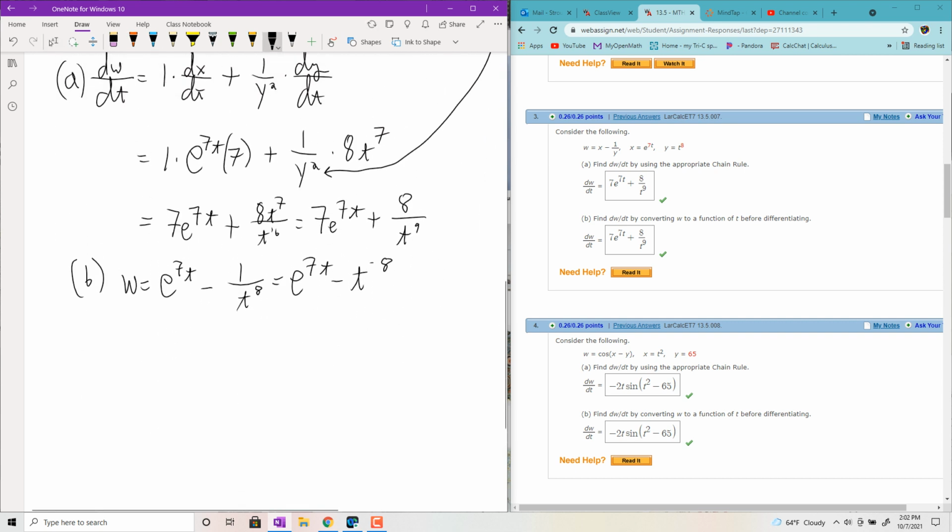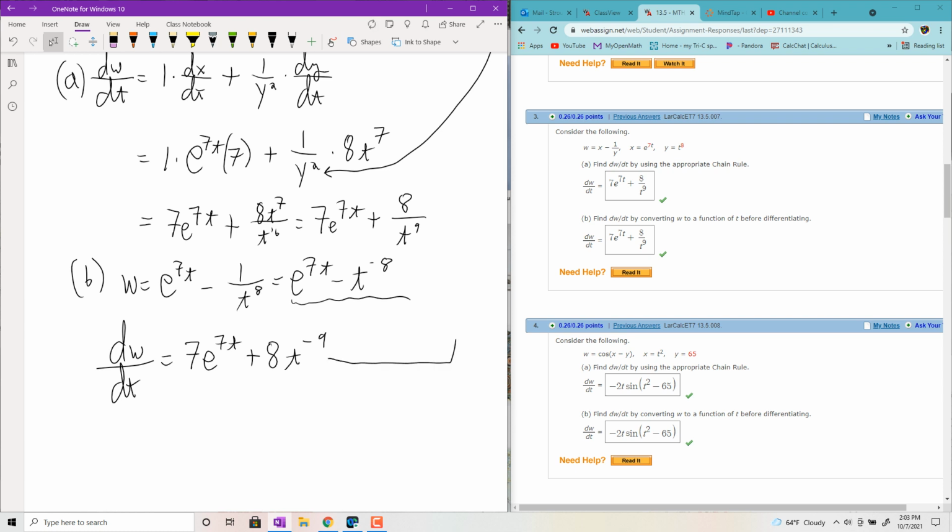Then take the derivative with respect to t. So dw over dt equals the derivative of this, e to the 7t times 7, so 7e to the 7t, minus, we have to use the power rule, so plus 8t to the negative 9.